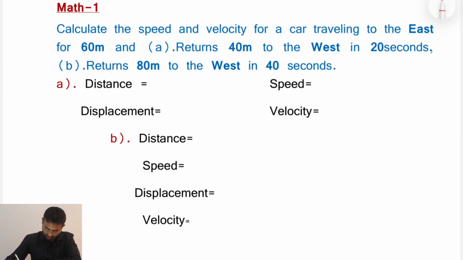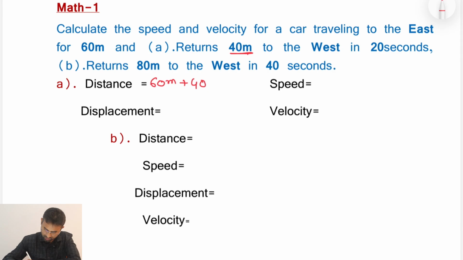So for the first case, what is the distance? We know that distance is the total path length traveled by an object. Here the distance traveled by the car first is 60 meter, that is to the east, and 40 meter, that is to the west.